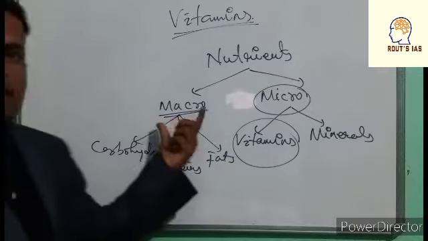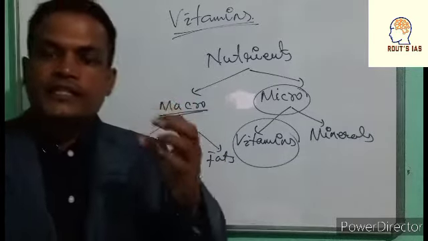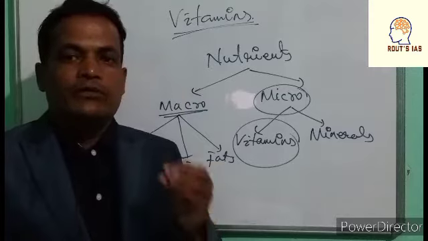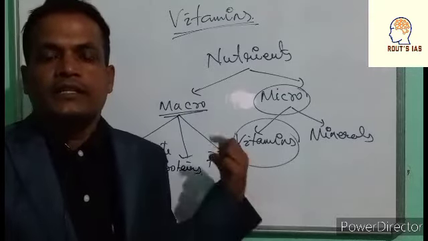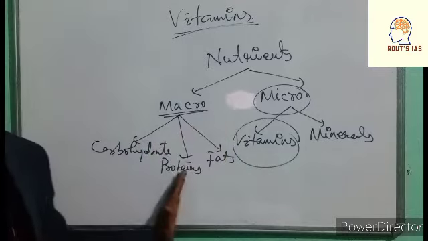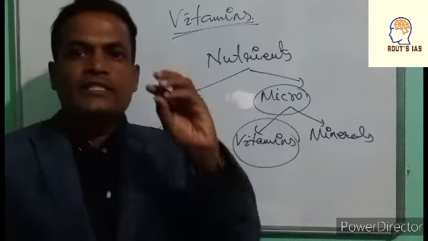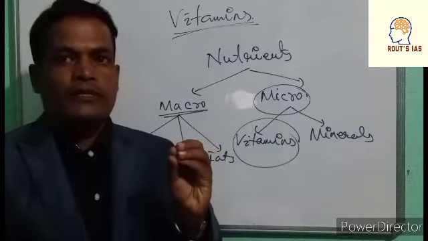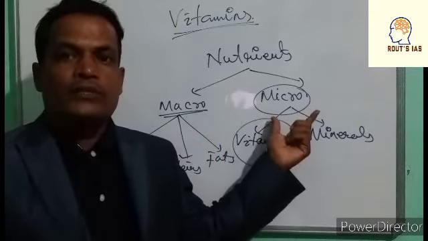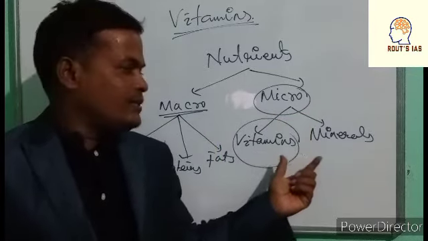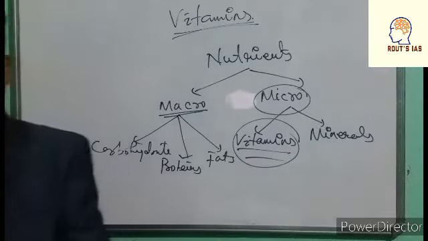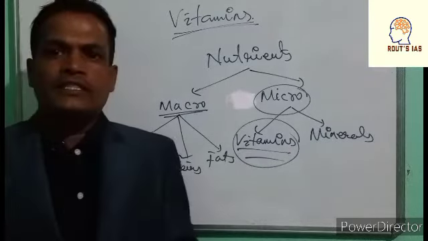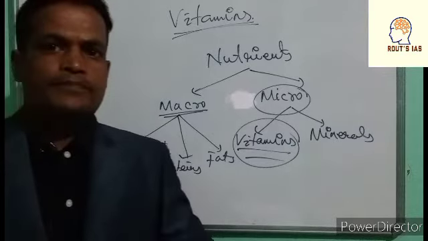Because macro means large, those nutrients which are needed by us in large amounts, large quantity, large volume, are called macronutrients. As we have already discussed, carbohydrates, proteins and fats. And micronutrients are needed in small amounts, small quantities, so these are called micronutrients, that is vitamins and minerals. Now today we are going to discuss these vitamins. Okay, this is just the background of these micronutrients.